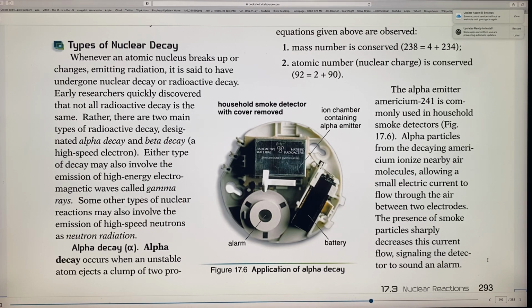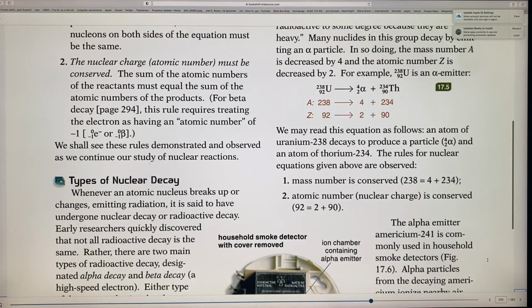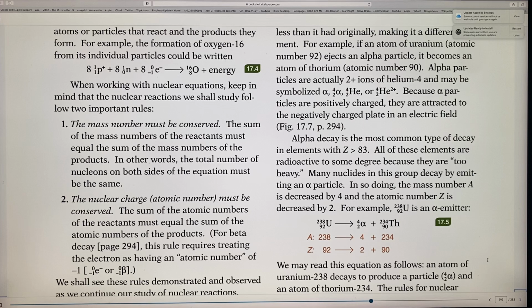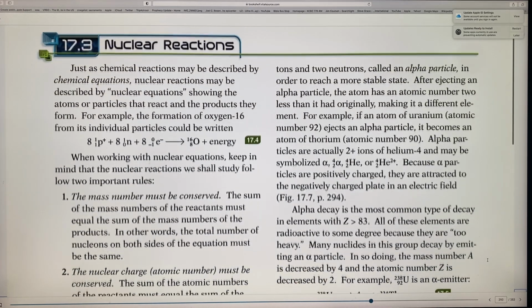So alpha decay, and here's the sign for alpha. It's like a Greek A. Alpha decay occurs when an unstable atom ejects a clump. And what's this clump that it ejects? It has 2 protons and 2 neutrons, and they call this clump an alpha particle.